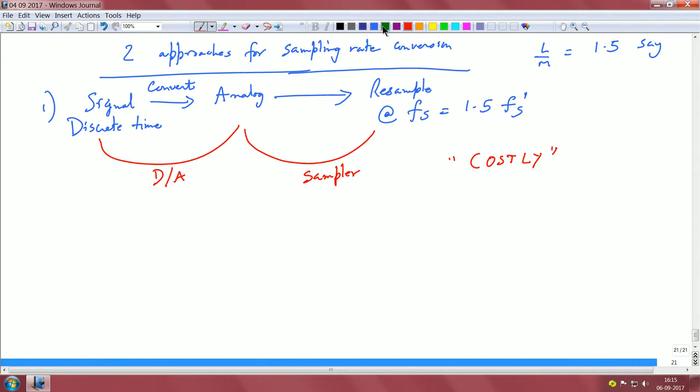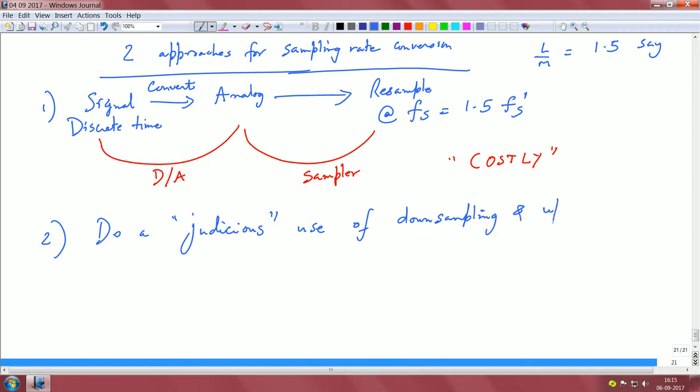I think a better choice would be to do a judicious use of downsampling and upsampling with possibly some filtering in the middle, that is you upsample, you have a filter in the middle and then you downsample.